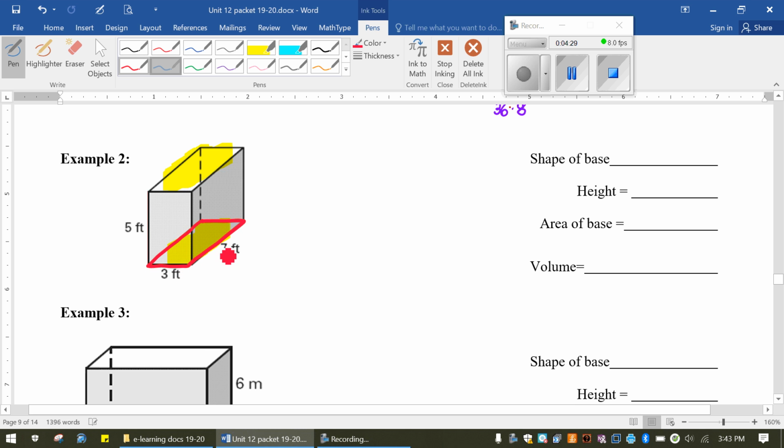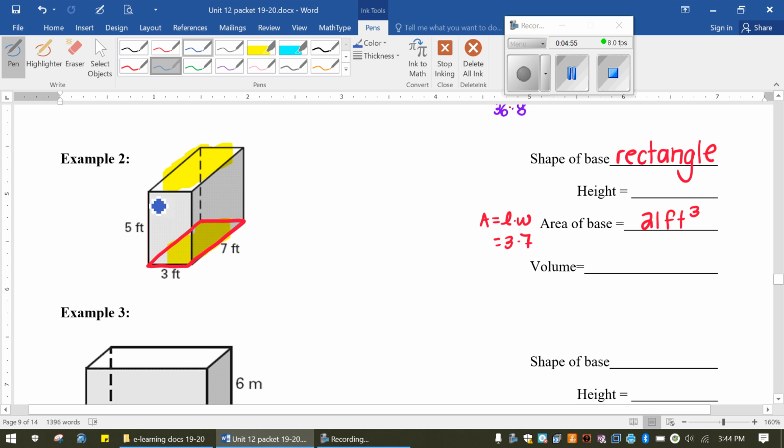I know that because these measurements are not the same. What we learned in previous notes is that the area of a rectangle is the length times the width. So that's 3 times 7. So the area of this base is 21 feet squared.